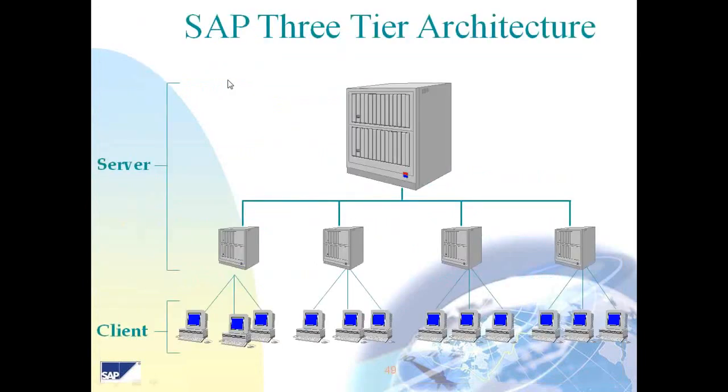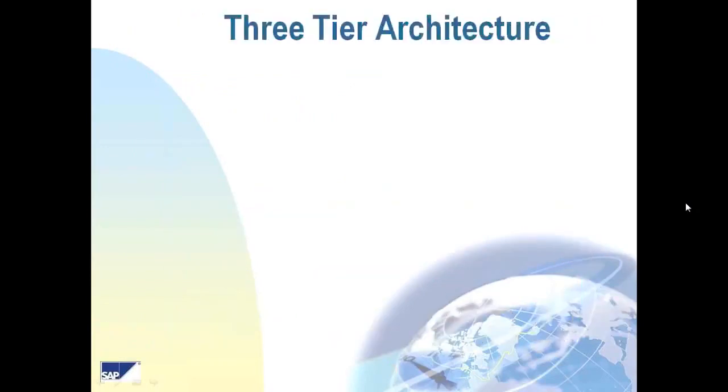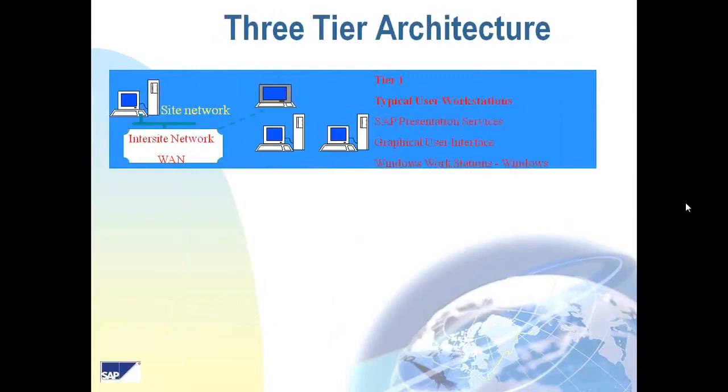So if you come to SAP three-tier architecture, so there are servers. So this is a database server and this is the application server. Okay. So one database server might have different application servers, and each application server may have multiple instances. Okay.